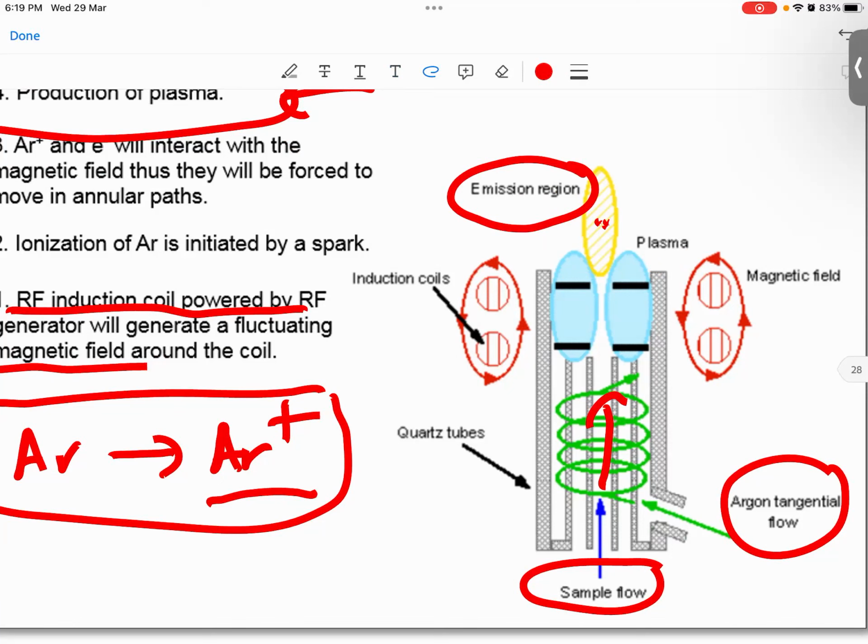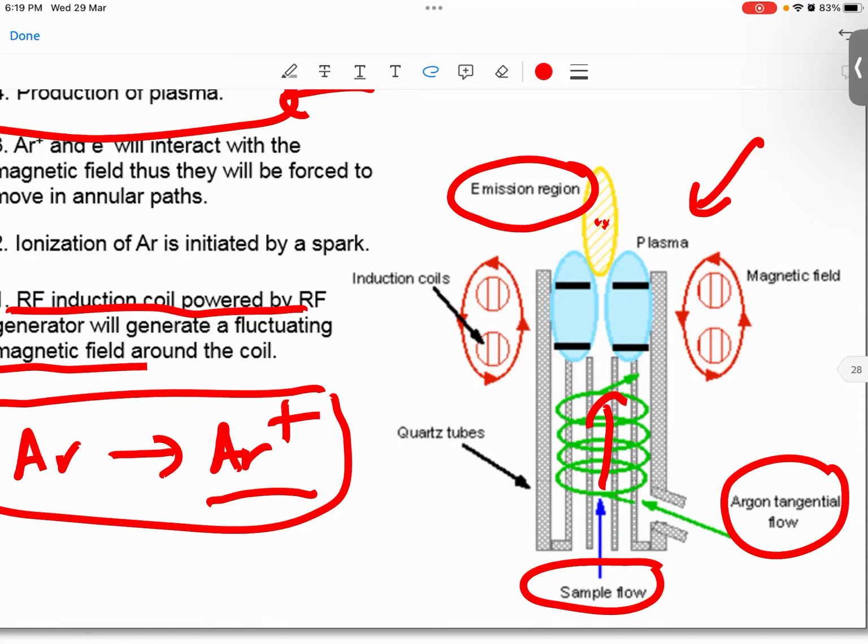Of course, it is very much cheaper compared to using inductively coupled plasma excitation as well as atomizer in the system of AES. One thing is the use of argon gas.